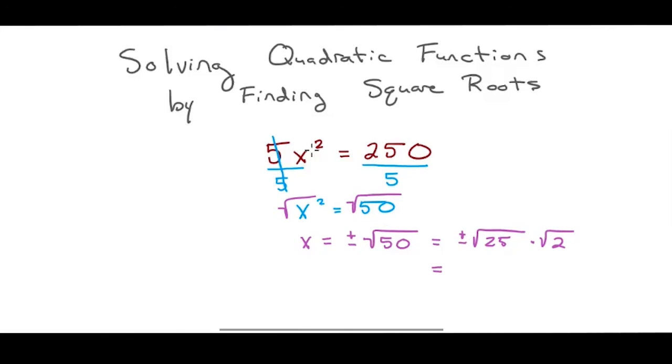So I will make this plus or minus, well, the square root of 25 is 5 times the square root of 2. So my final answer is plus or minus 5 square root of 2.